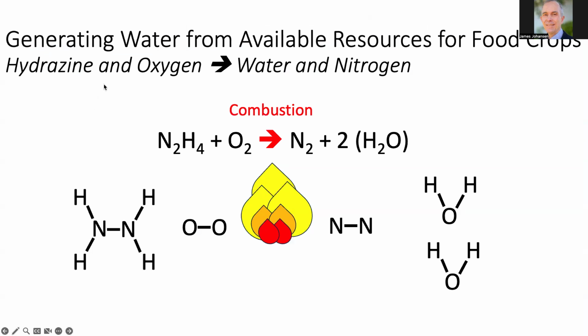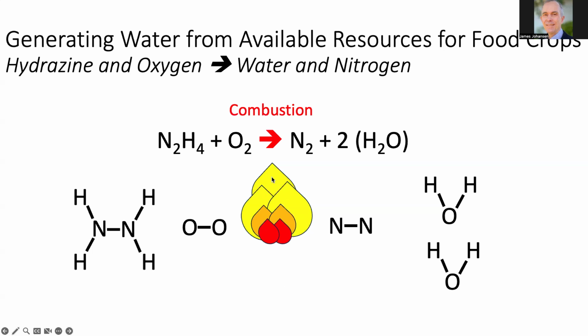First of all, he had these types of materials. He had hydrazine, which would be the fuel that was available. He also had oxygen, and what he wanted to get was water. With chemical engineering, he knows he can have a chemical reaction.